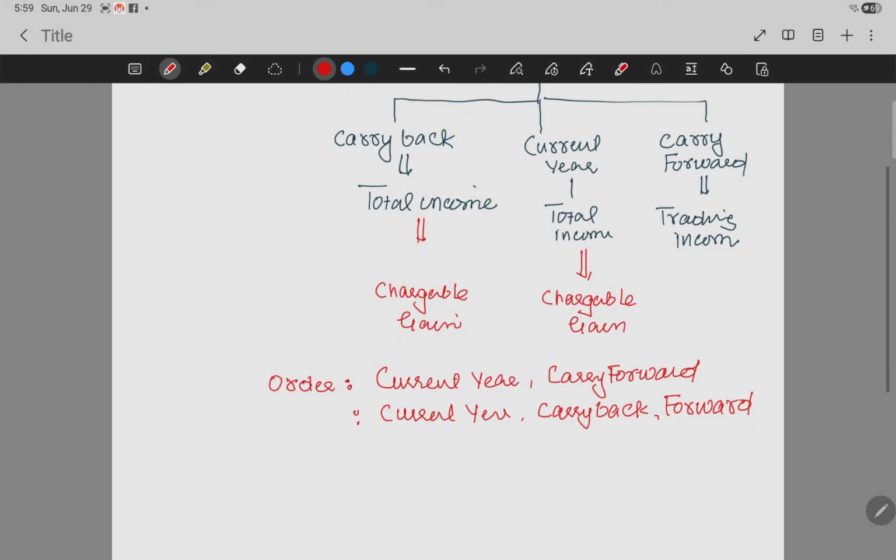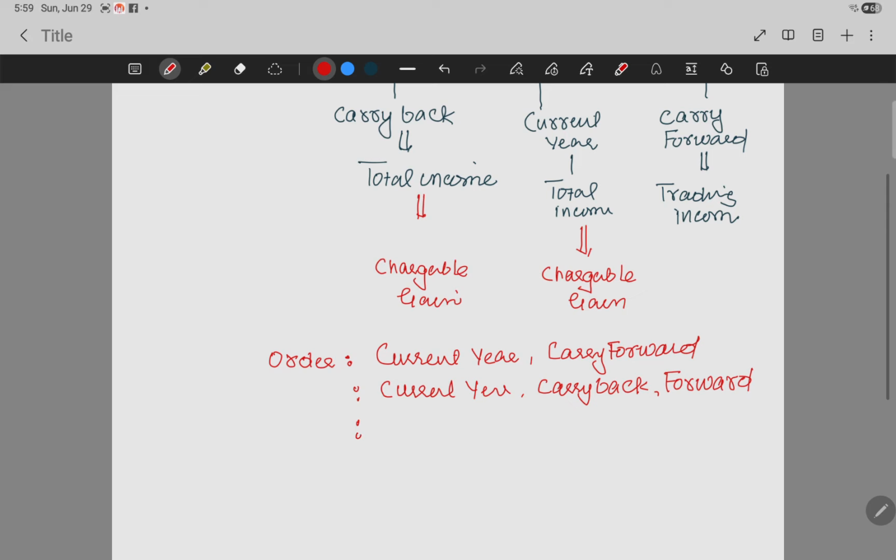Remember, forward is an automatic option. If you're not using any other option, the understood option available is carry forward. Another option might be you can use carry back first, then current year, and then forward. These are the possible options available.